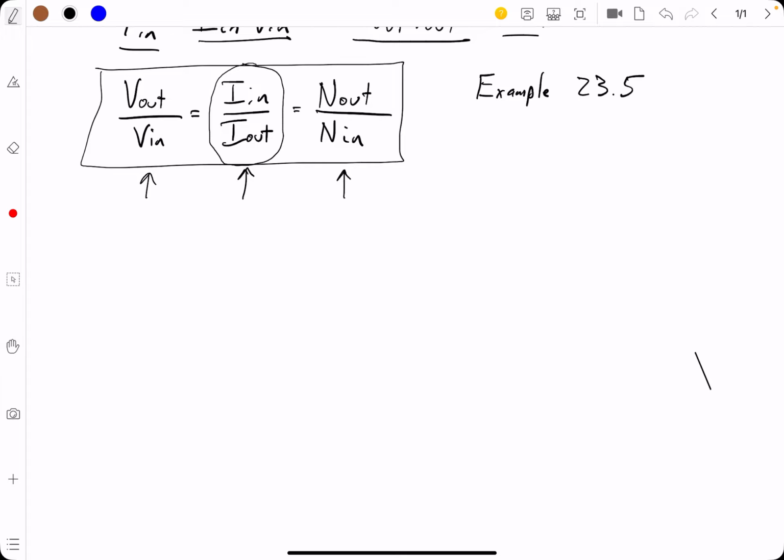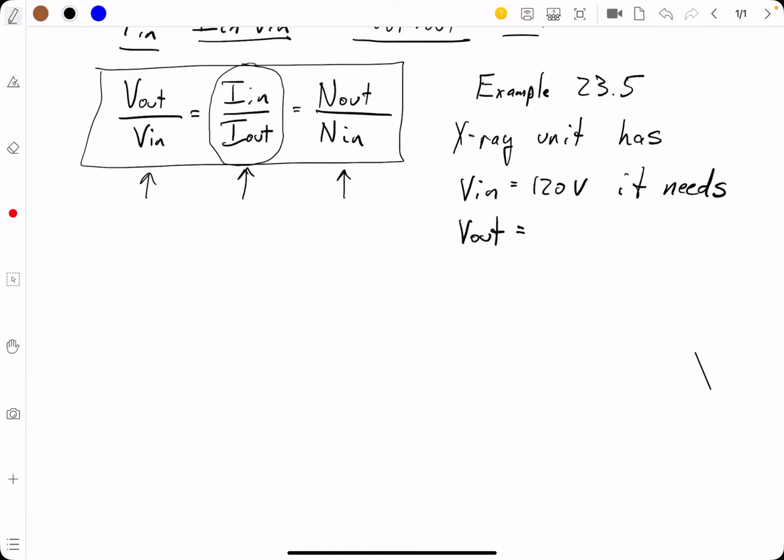We have an X-ray unit. The X-ray unit has V in equal to 120 volts. It needs V out equal to 100,000 volts. All right?